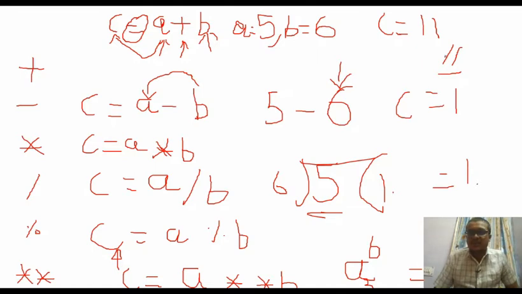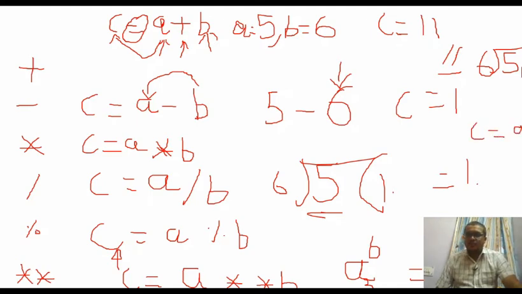It performs a normal division, but the result obtained is the quotient; everything after the decimal point is ignored and deleted. So this is called floor division.